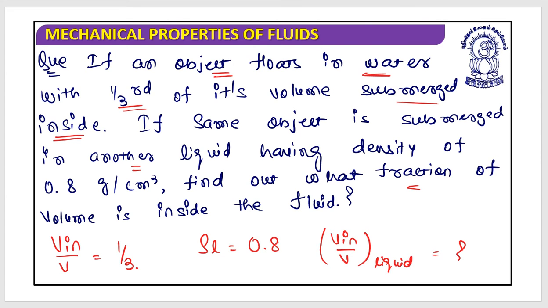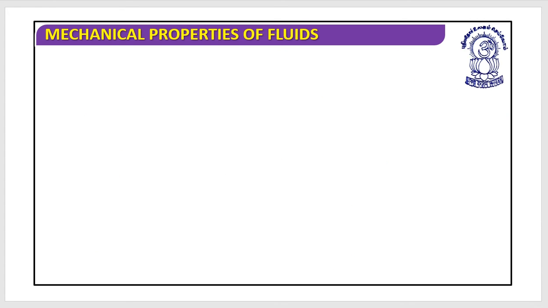So first thing I should look at is that they said it floats. When it is floating, that means the buoyant force FB should be equal to mg. FB equals V in into density of liquid into g.